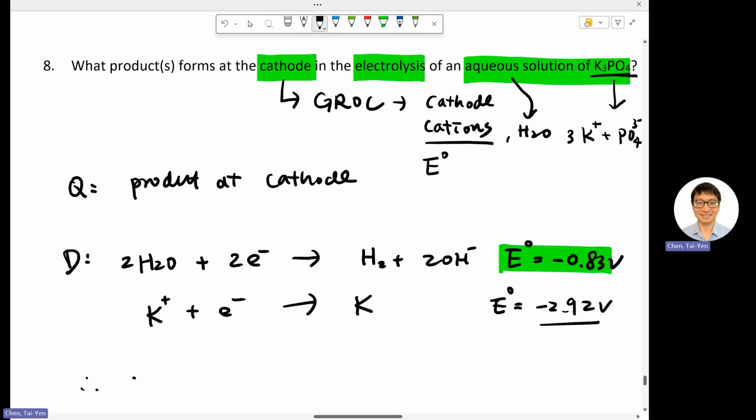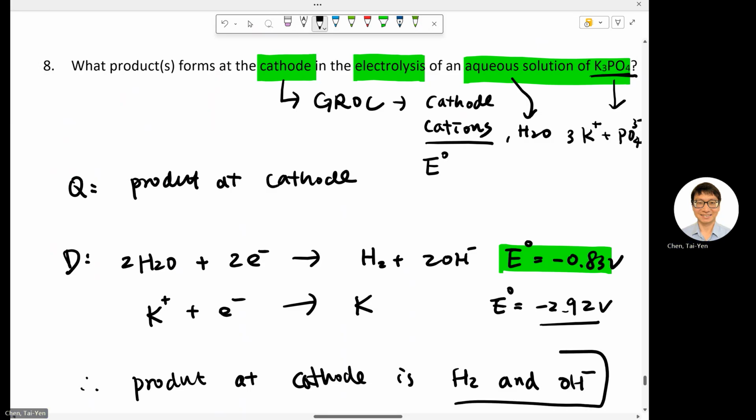Therefore, the product at the cathode is H2 and OH minus. Okay.